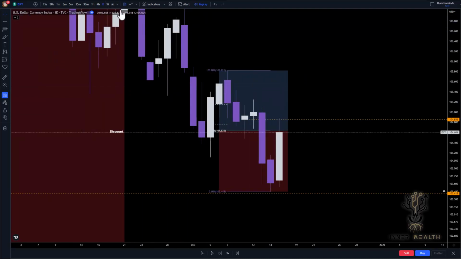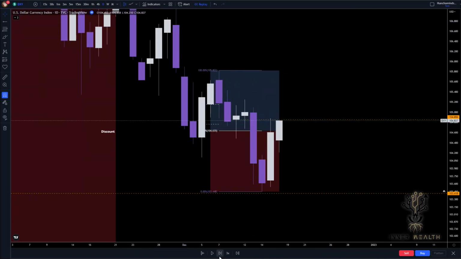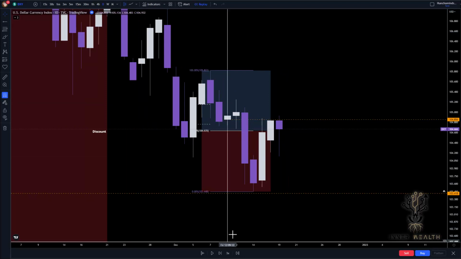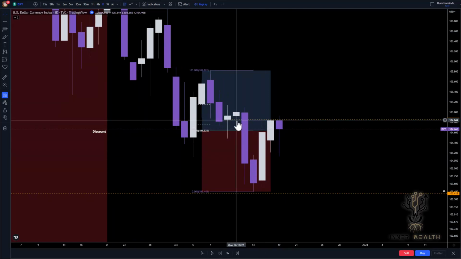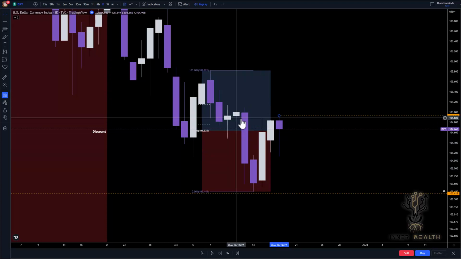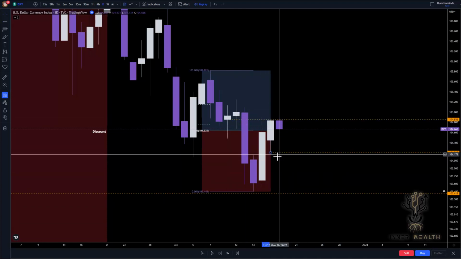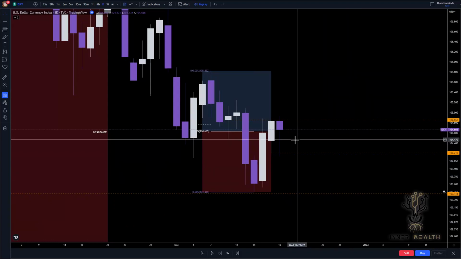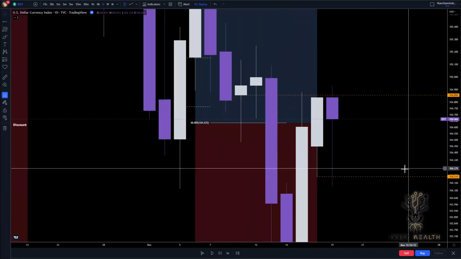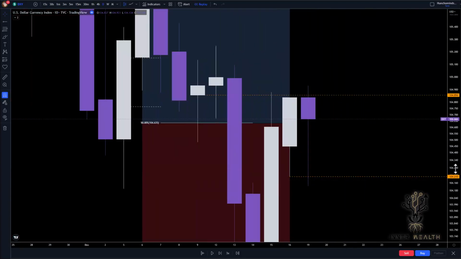Mitigation order block. And then you can see price action rejects from there. Then we come back down, and from that premium order block, okay, notice we go back down to that previous daily low, okay, and imbalance.